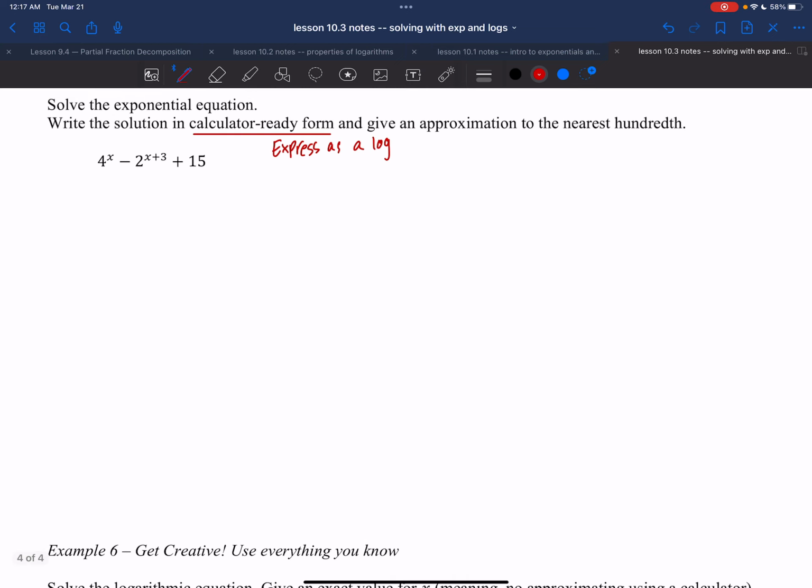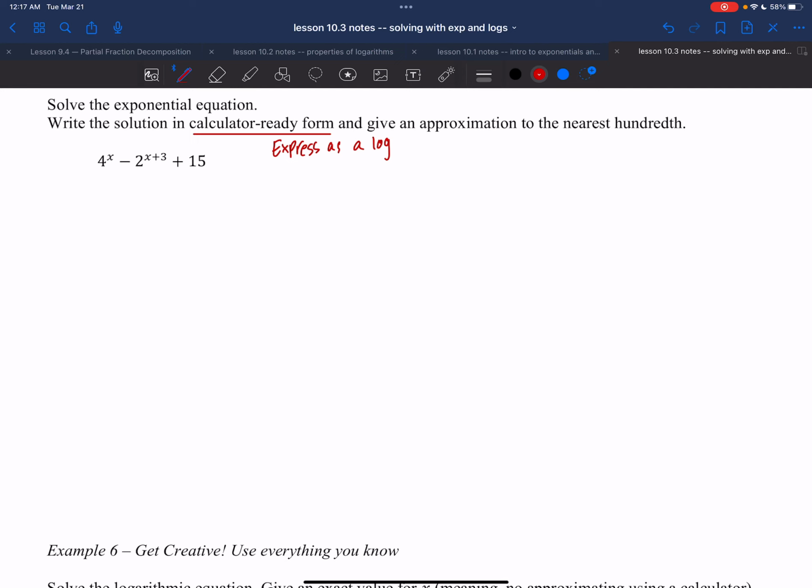So let's do this. How in the world are we going to approach this? I'm just going to show it to you now. And for right now, you try to make sense of it. And if you do not get it, ask me in class, okay? If you do get it, hooray, you understand.